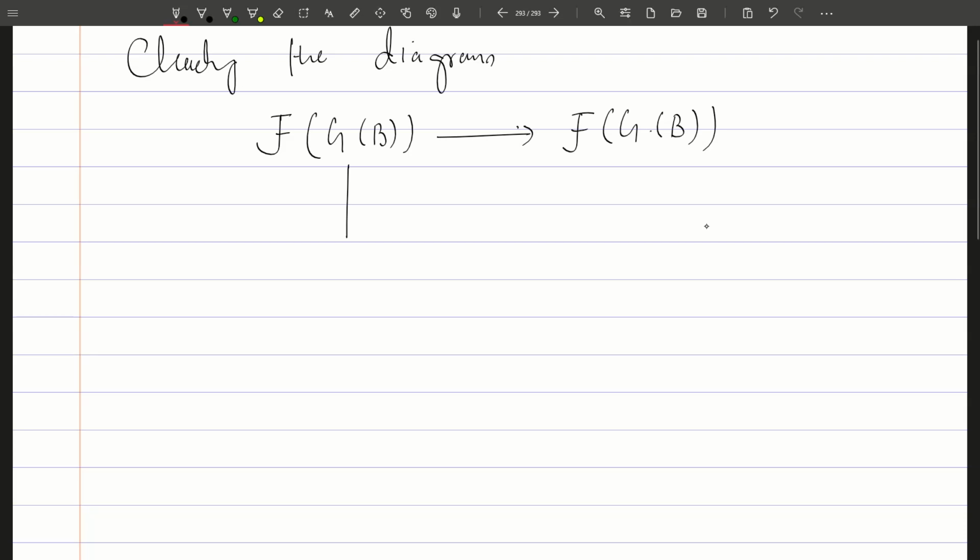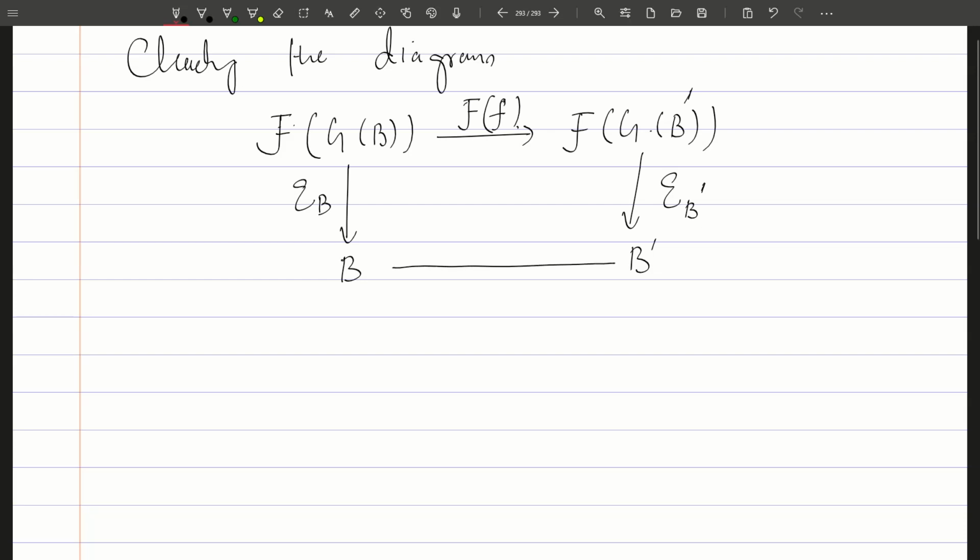Between GB and GB prime we have found morphism f, and when we evaluate F at f we get this morphism F of f. This is the isomorphism epsilon sub B to the object B, and it is isomorphic to B prime via the isomorphism epsilon B prime.